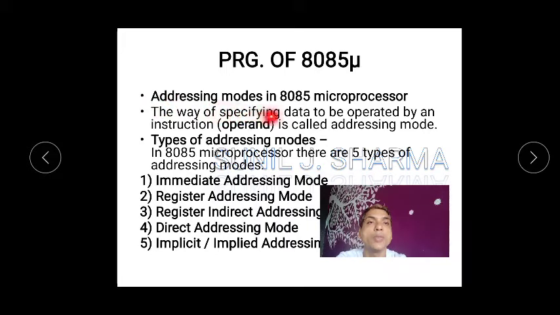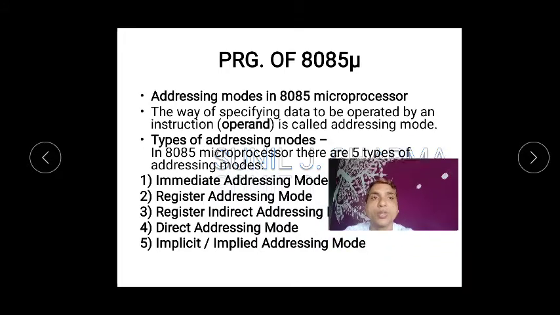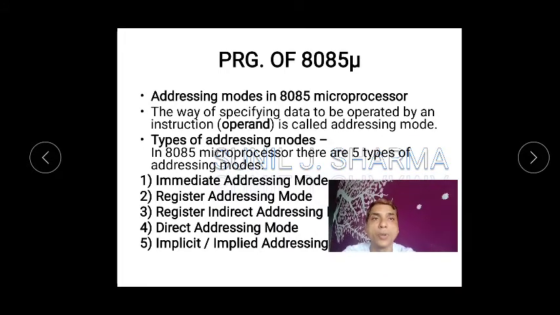What do you mean by addressing modes? The way of specifying the data to be operated by an instruction. That is nothing but an operand. Or you can say the various ways of specifying the operand is called addressing modes. In the previous session you already know that we have four types of operands like registers, data, memory, address.